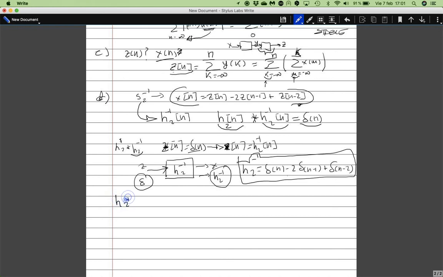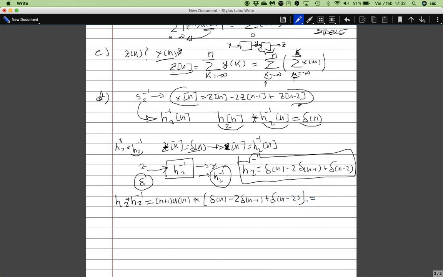h2 convolved with h2 minus 1. What is that? Okay, h2 we know is (n plus 1) u[n], convolved with delta[n] minus 2 times delta[n minus 1] plus delta[n minus 2].